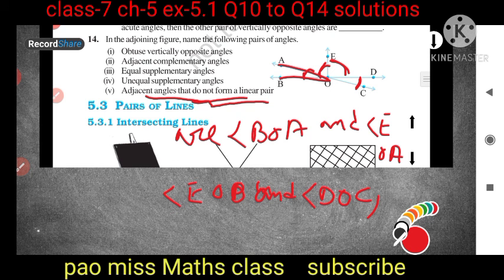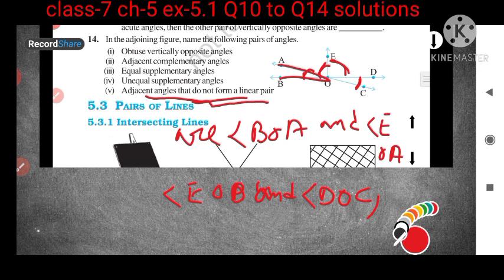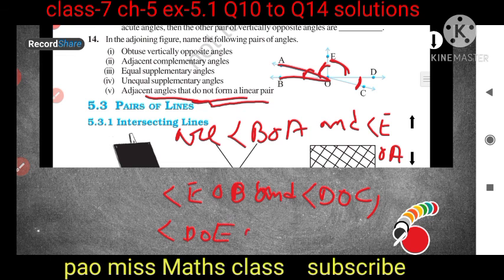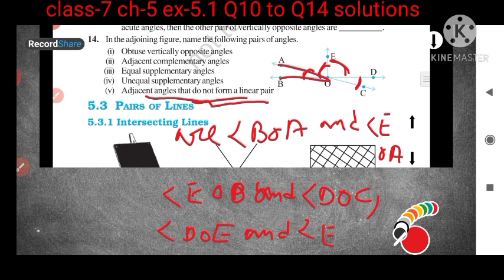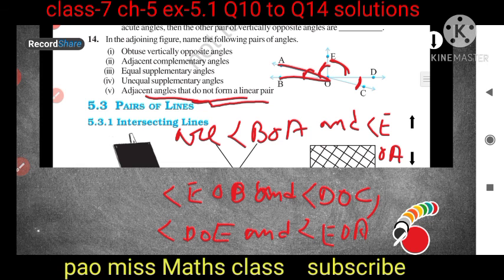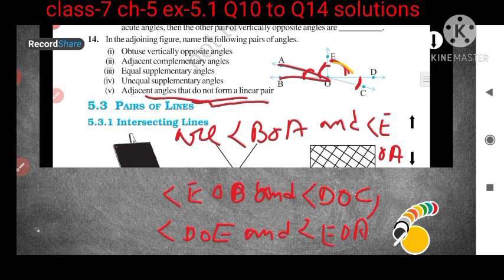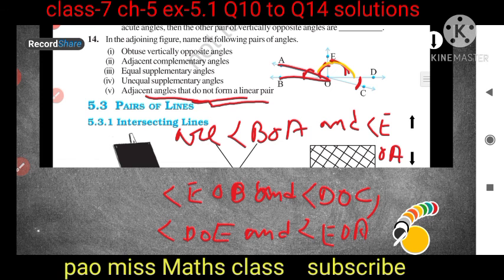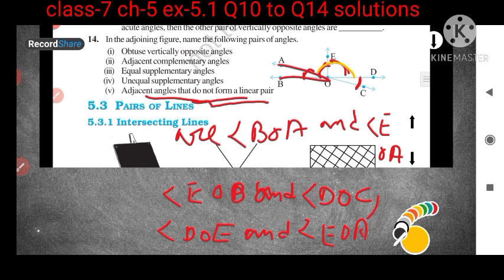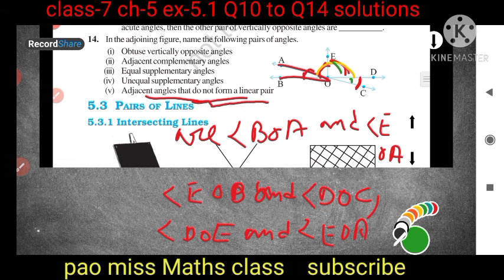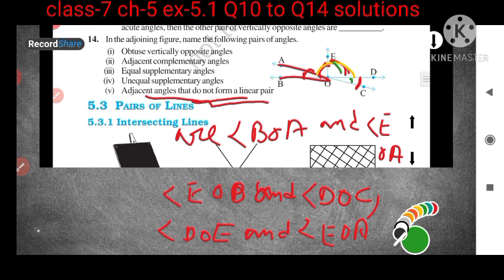Then again we can write angle DOE and angle EOA. Okay, we got 3 pairs because these two are also adjacent angles and not forming a linear pair, isn't it? So another one again: this angle and these angles are also adjacent and not forming a linear pair.